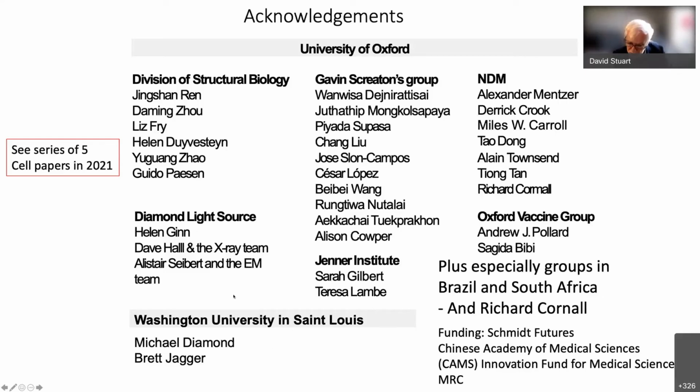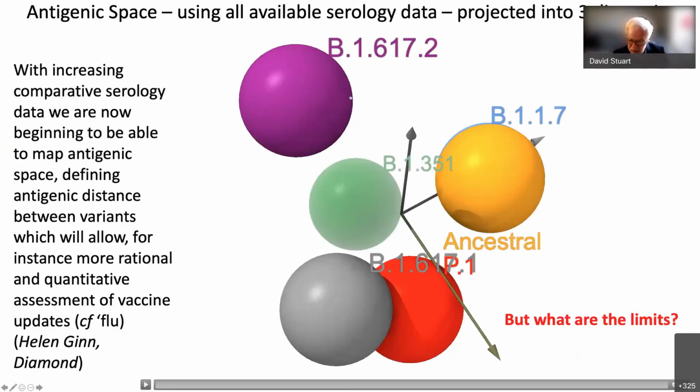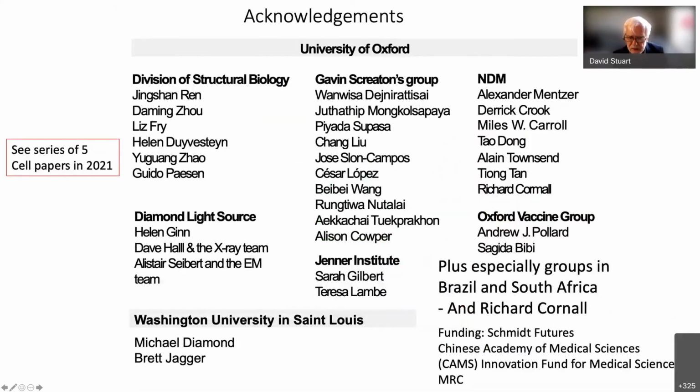There was mouse work done, which just shows that those potent antibodies that we found are effective, including prophylactically, at protecting in a mouse model. And Gavin's group has been heroic in this, particularly Nui, Ju, Ray, Chang, Caesar, and Ake. So it's a really, really tremendous effort from them.